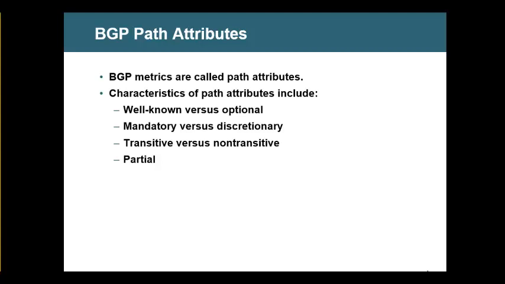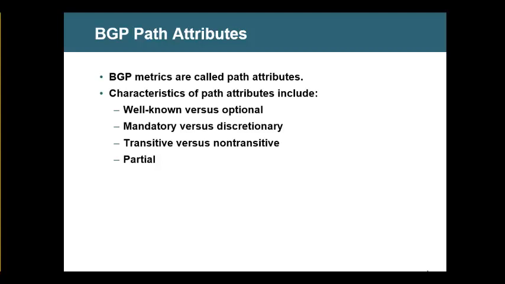We got the BGP metric, which focuses on various other things that make it easy for policy to be applied in path selection. So we don't call it a metric, we call it an attribute. BGP metrics are called path attributes.